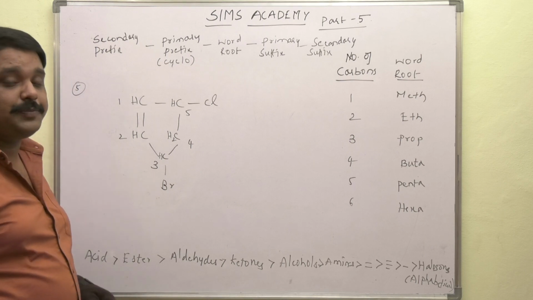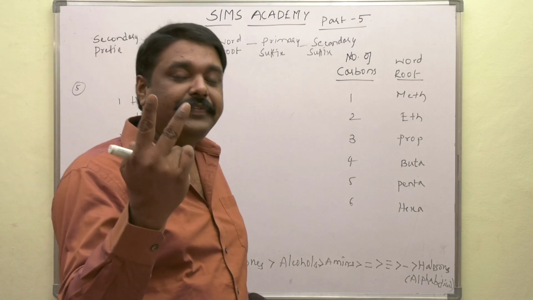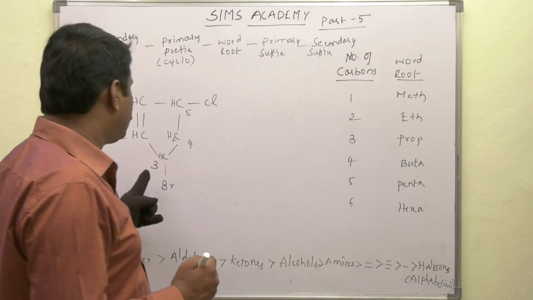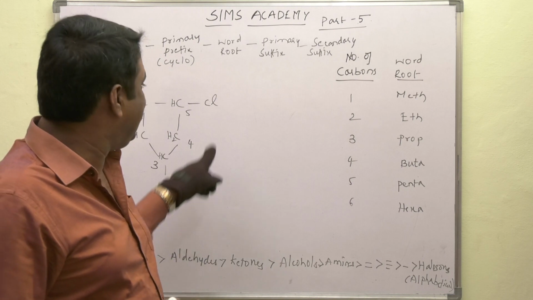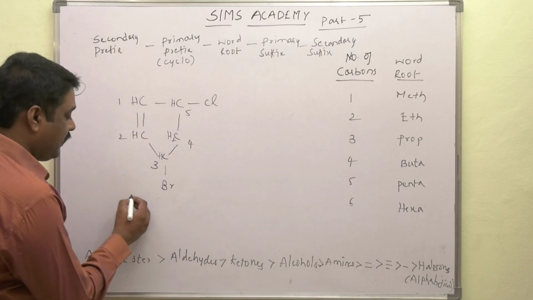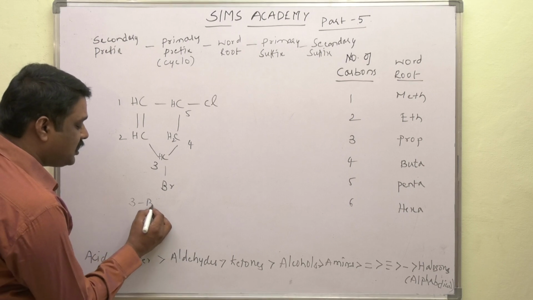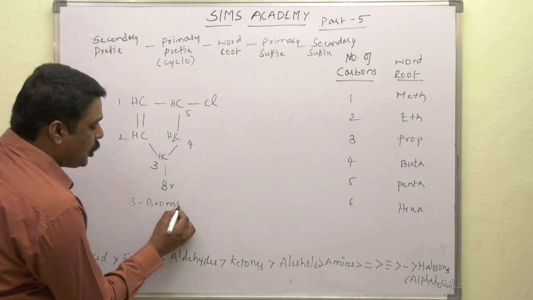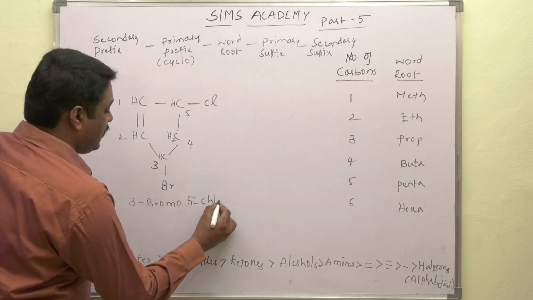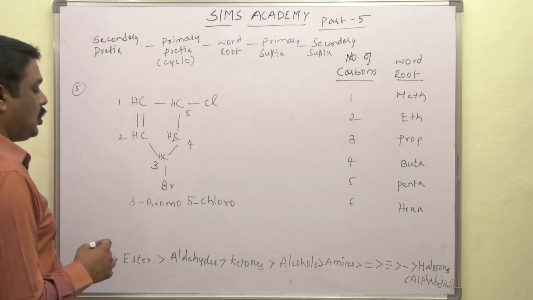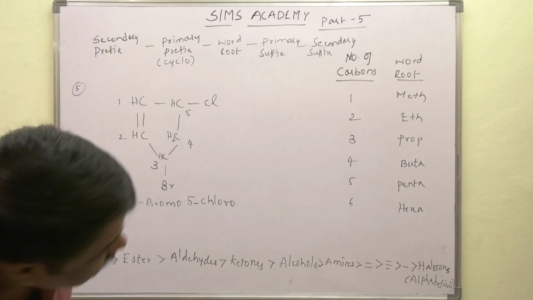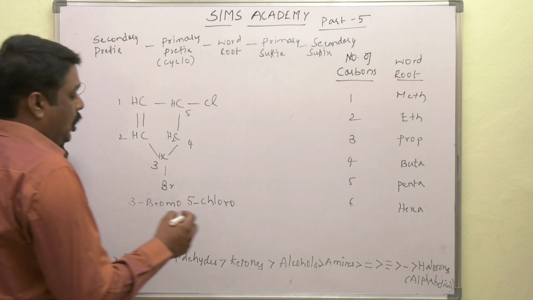Now, do we have any substituents? Yes. I have 2 substituents. What are those 2? One is bromine and other one is chlorine. Bromine we have at the 3rd position, 3-bromo, and chlorine at the 5th position, 5-chloro. After that, coming to primary prefix, it is a cyclic compound.